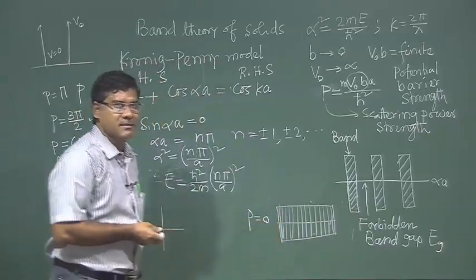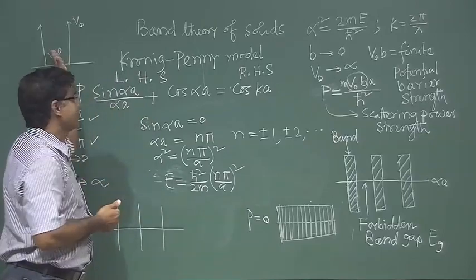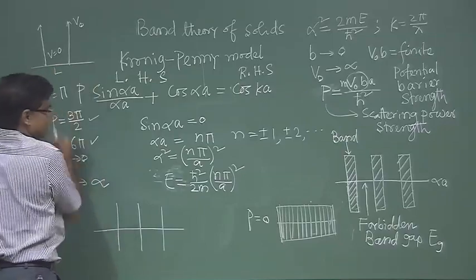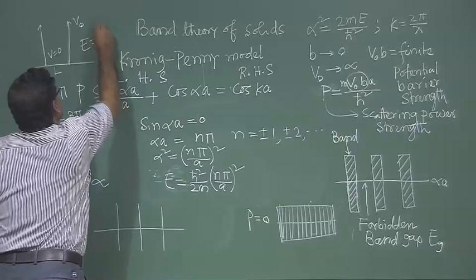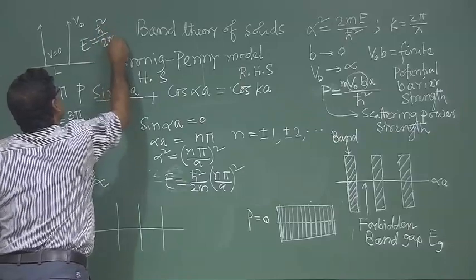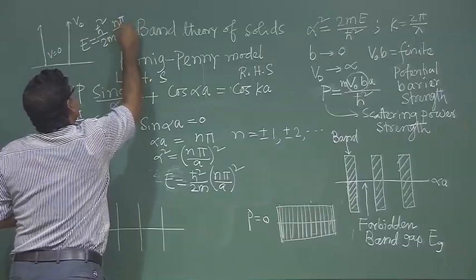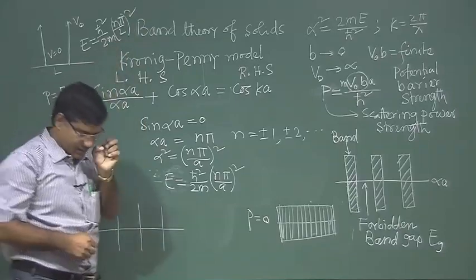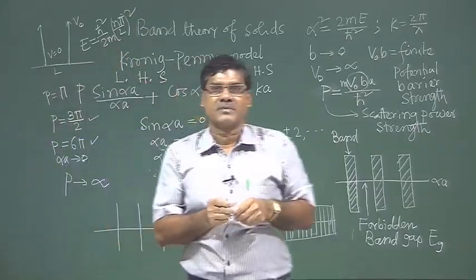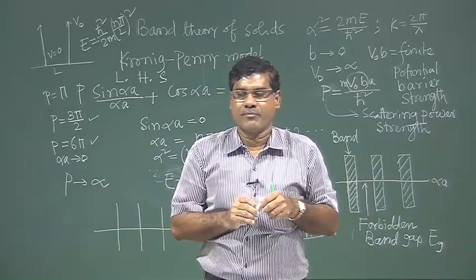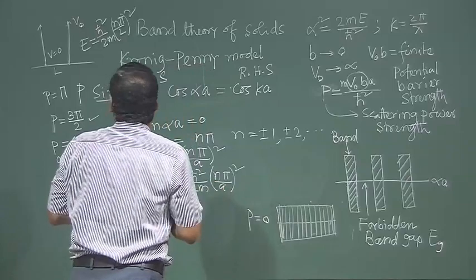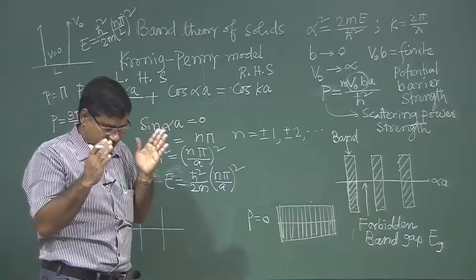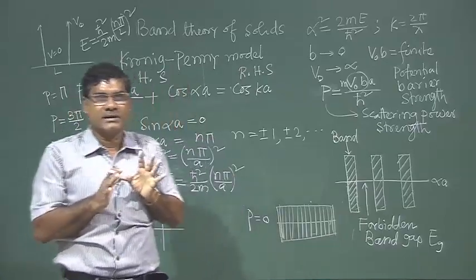In that case, if the length is L, the solution was E equal to h cross square by 2 m, n pi by L whole square. You may remember this was derived earlier at the beginning of free electron theory, considering an electron in a potential well, where only on the surface of the crystal the electrons have a barrier, but inside the potential is 0 or constant.